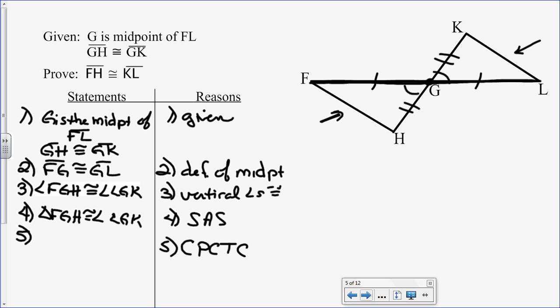Yep. Corresponding parts of congruent triangles are congruent, so FH is congruent to KL. Corresponding parts of congruent triangles are congruent. Corresponding angles of congruent triangles, corresponding sides of congruent triangles will be congruent.